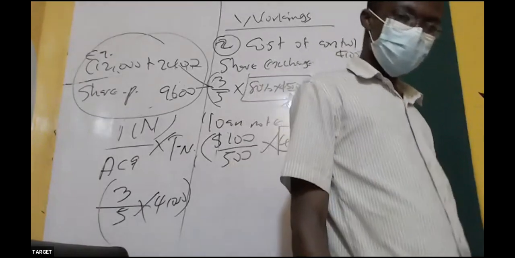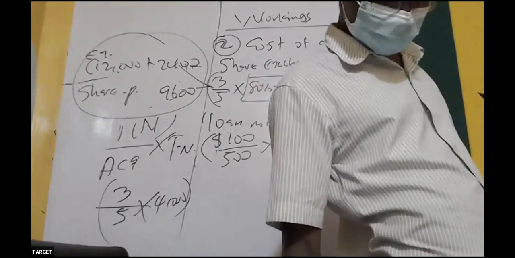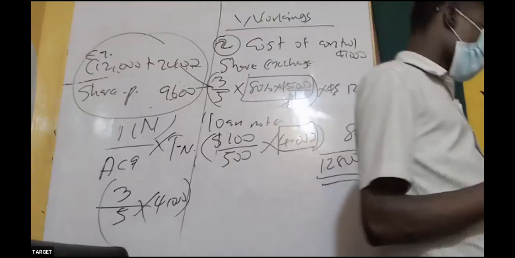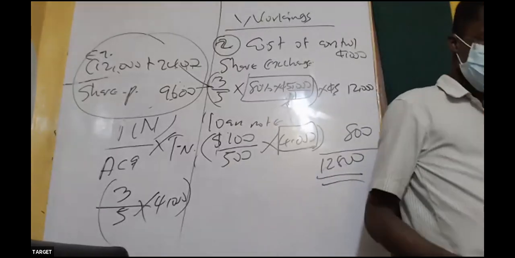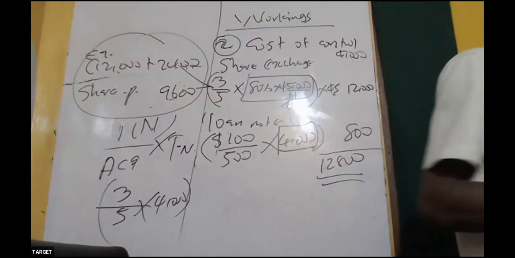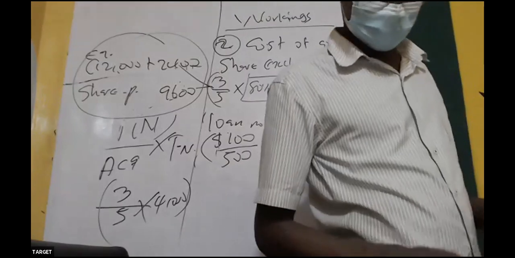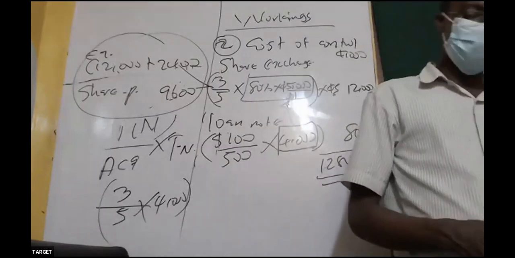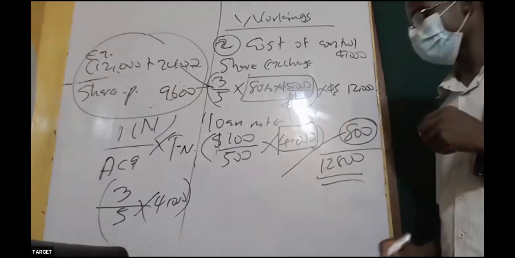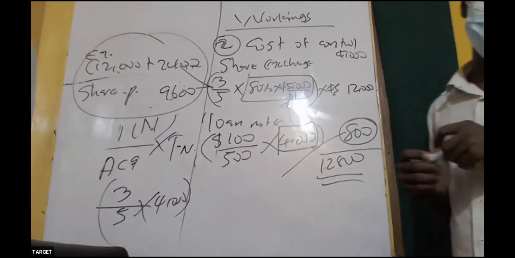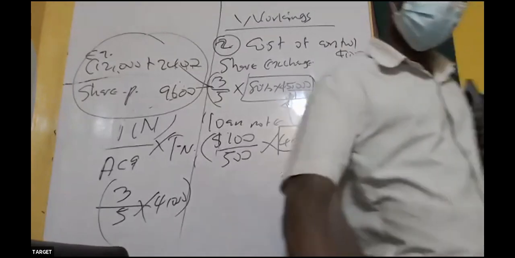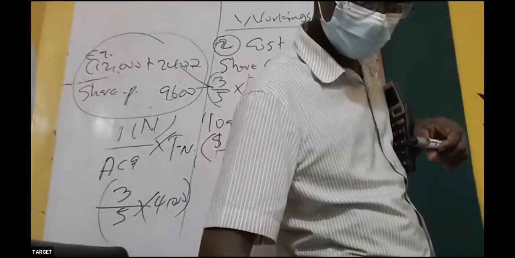Okay, now this consideration, before we end it, the loan note consideration, this should be netted off from the available for sale investments. So usually if it has been included in the available for sale investments, then we go and take it off. So let's go to the notes so that we can complete this fully.